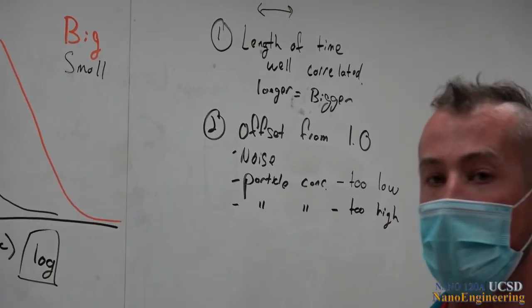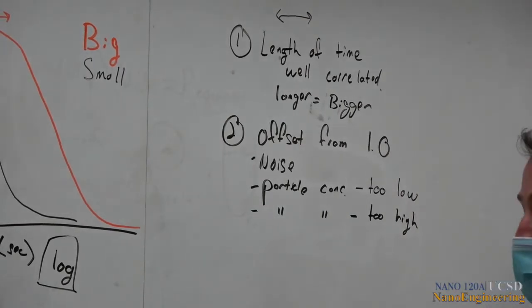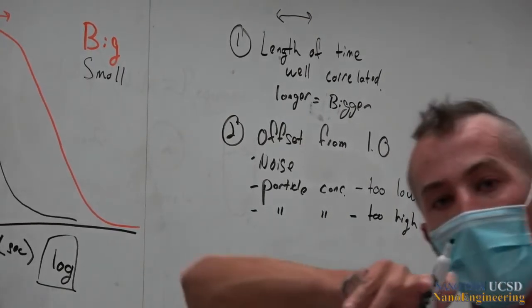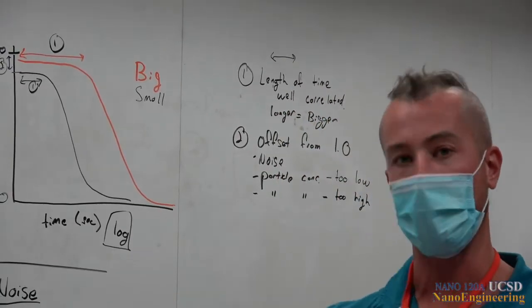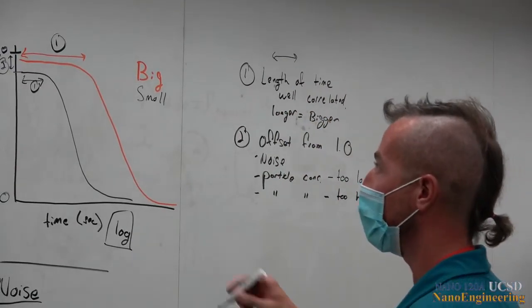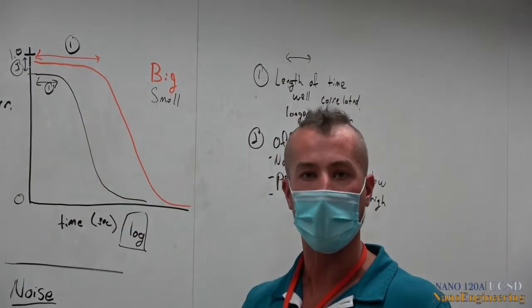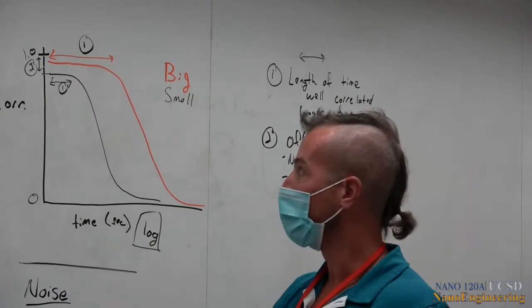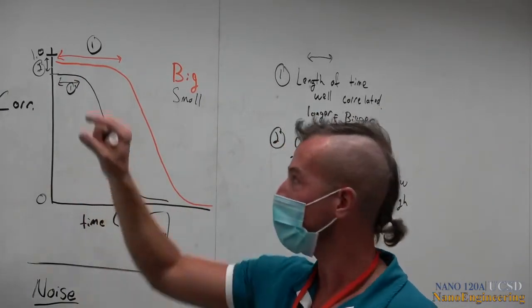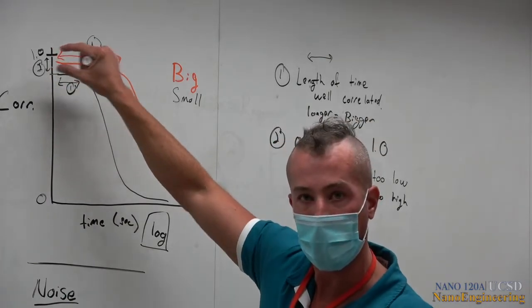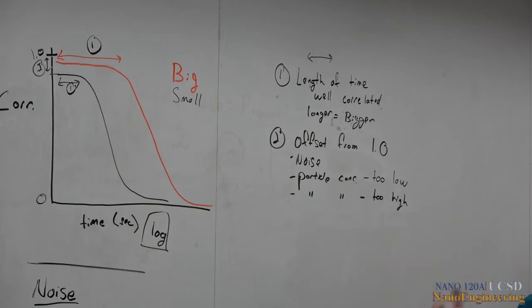So if my particle concentration is too high, what I start to get is what's known as multiple scattering, where the photon that scatters off of one particle is then bounced off yet another particle and another particle and another particle, and that quickly reduces my correlation, right? The correlation, even at baseline, is low, right? And that's why this offset from perfect correlation is low if I have too high of a concentration.